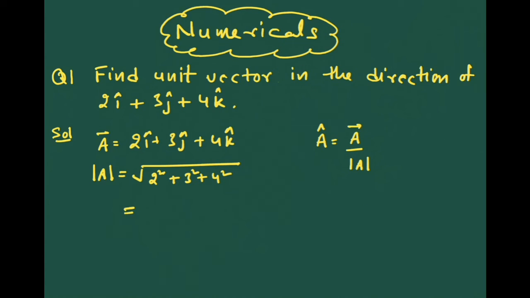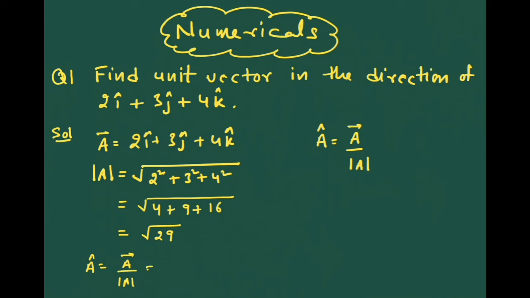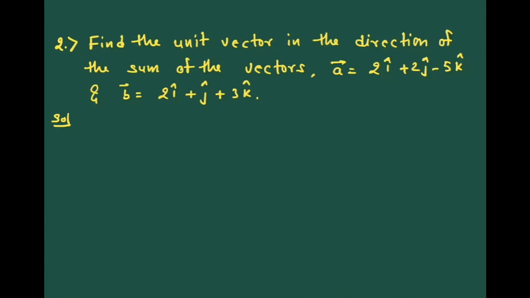So the answer is 4 plus 9 plus 16, it means root 29. So unit vector A is vector A upon mod A, so it is equal to 2i cap plus 3j cap plus 4k cap upon root 29.